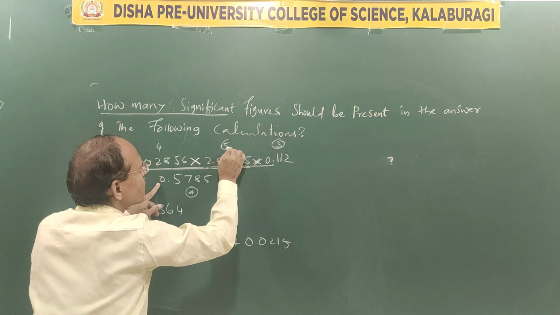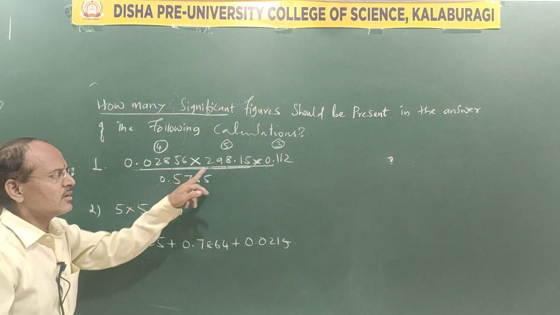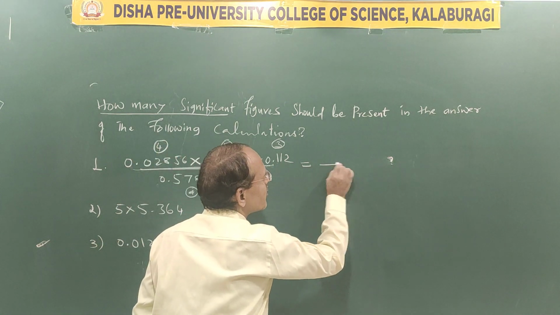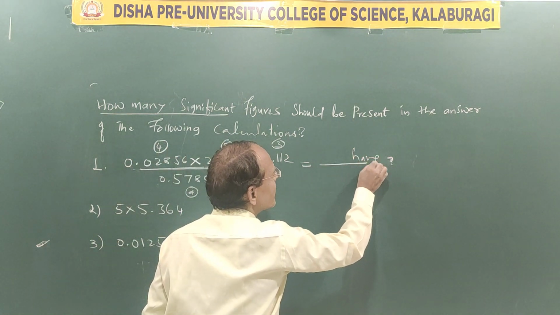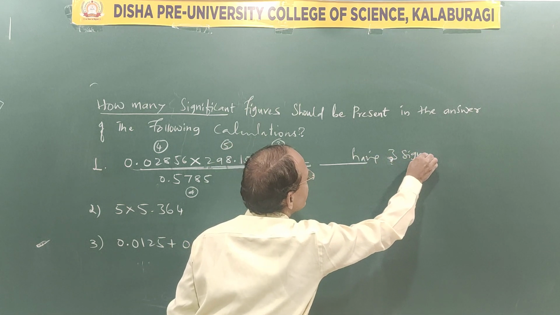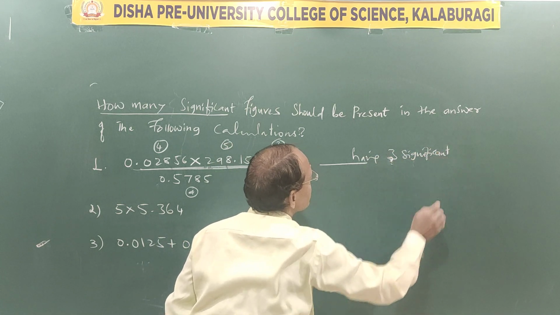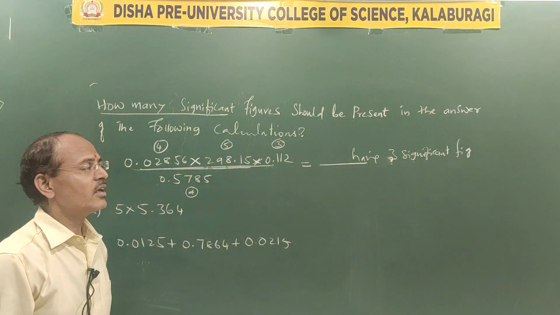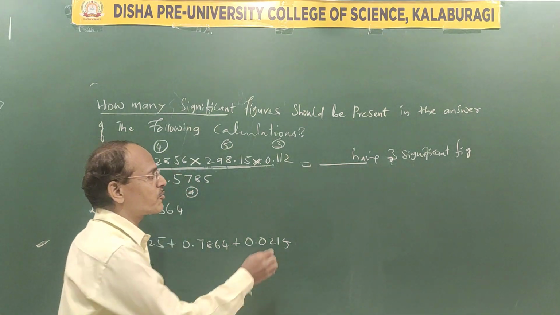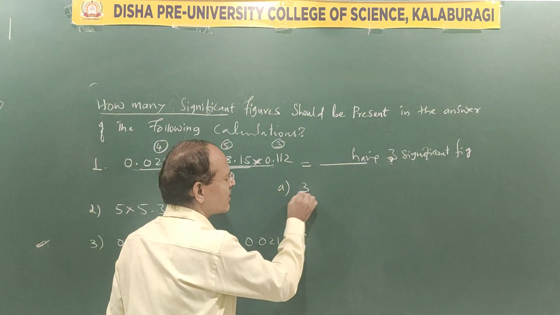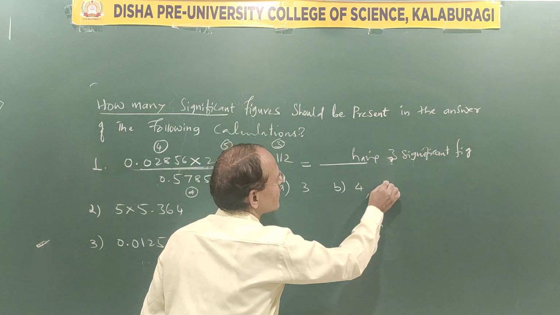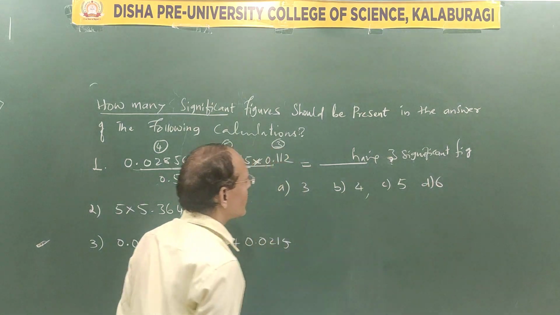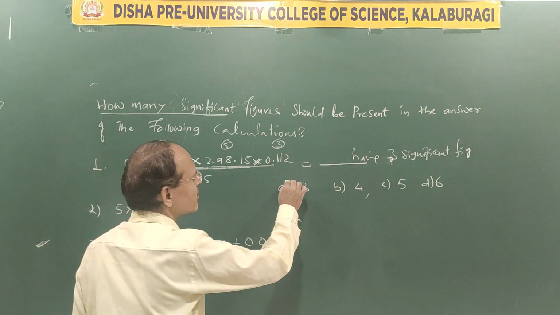So among these the lowest one is this one. That means the answer will have 3 significant figures. In the CET or in the NEET examination, they may give options like A 3, B 4, C 5 and D 6. What is the right answer? Answer is A.